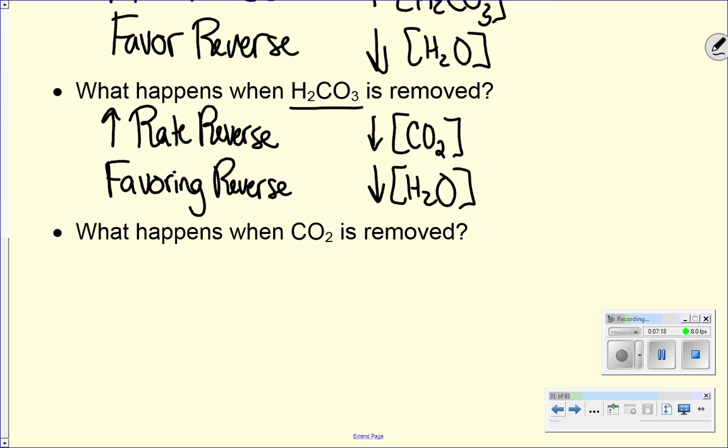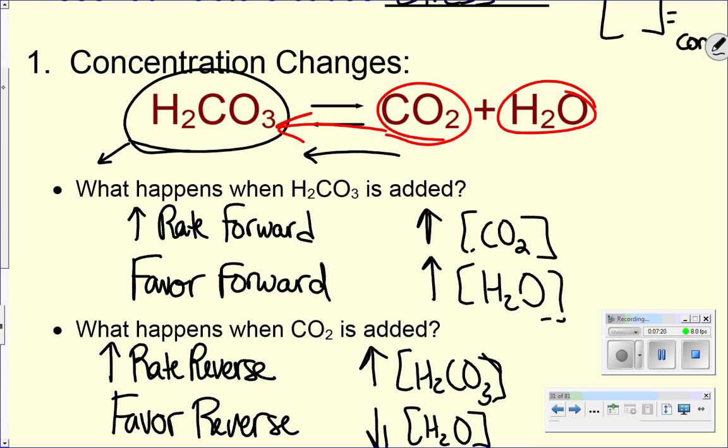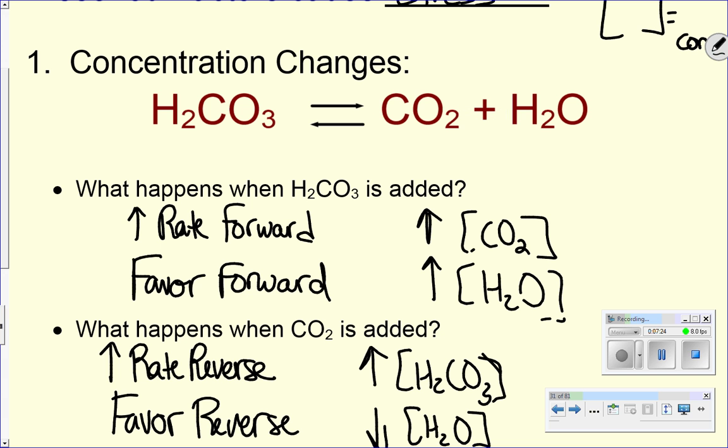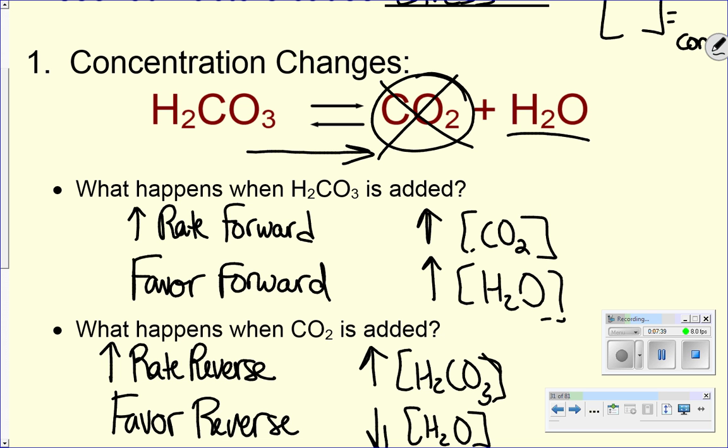Now, on the other hand, if I were to remove CO2, going back into my reaction up here, we're going to imagine what would happen if I took out CO2. By removing CO2 from the vessel, CO2 would not be present to react with H2O. So what would actually happen here is this forward decomposition still occurring.